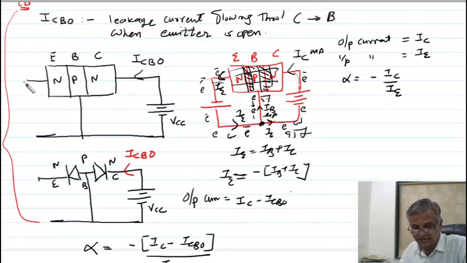Means here in this circuit emitter is open circuited, collector is kept in reverse bias. At that time reverse bias leakage current flows from collector to base, this current is called ICBO, or it is called leakage current for common base, or it is called collector cutoff current ICBO.